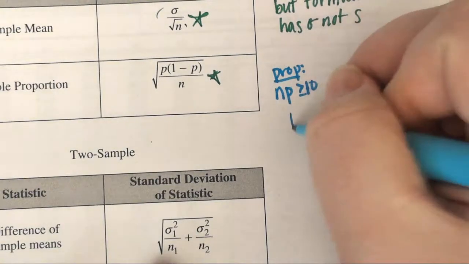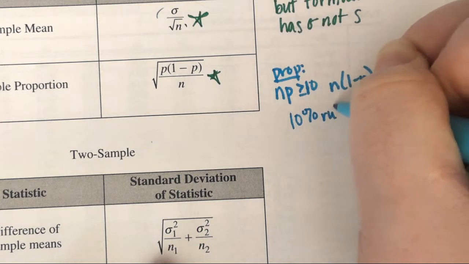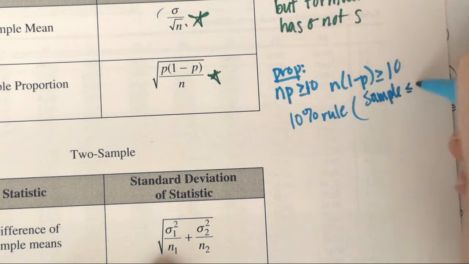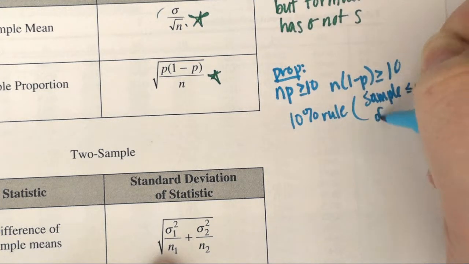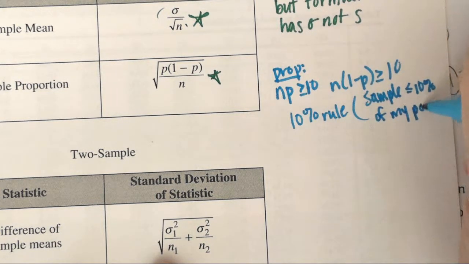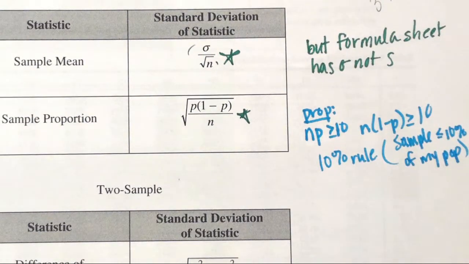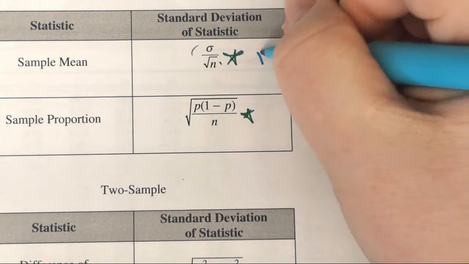So this is different than the 10% rule. The 10% rule is that my sample is less than or equal to 10% of my population. Now you have to check both these conditions for a proportion. For means, you only have to check the 10% rule.